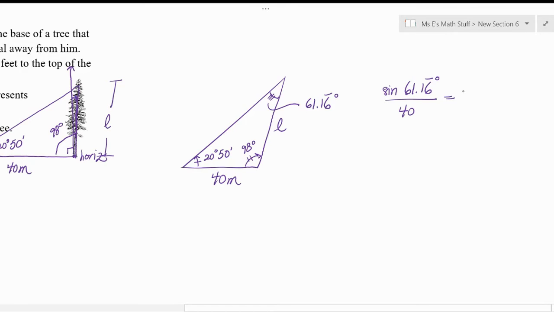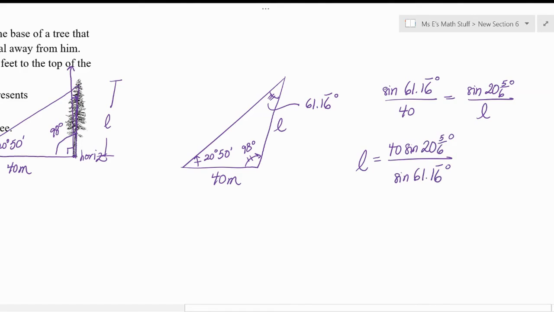And that would be exactly the same as sine of 20 degrees, or 20 and 5/6 degrees, I should say, divided by that length of the tree. So let's go ahead and cross multiply and divide. You'll end up with 40 times sine of 20 and 5/6 degrees divided by sine of 61.16 degrees.